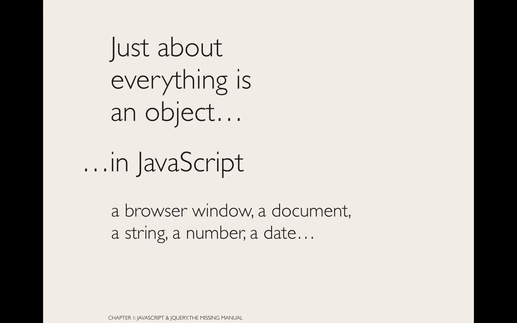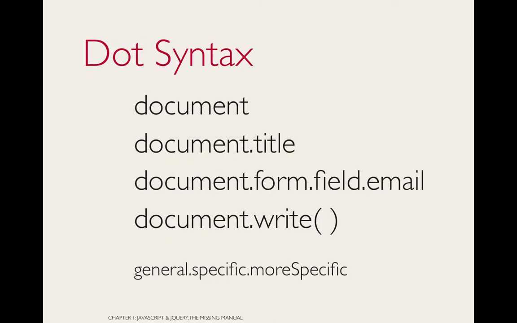Like I said, just about everything is an object, whether it's a browser window, a document, a string, a number, a date. When you start addressing objects in JavaScript, you might say document or document.title. Title's a property of document. You might say document.form.field.email, and email's a property of field, which is a property of form, which is a property of document.